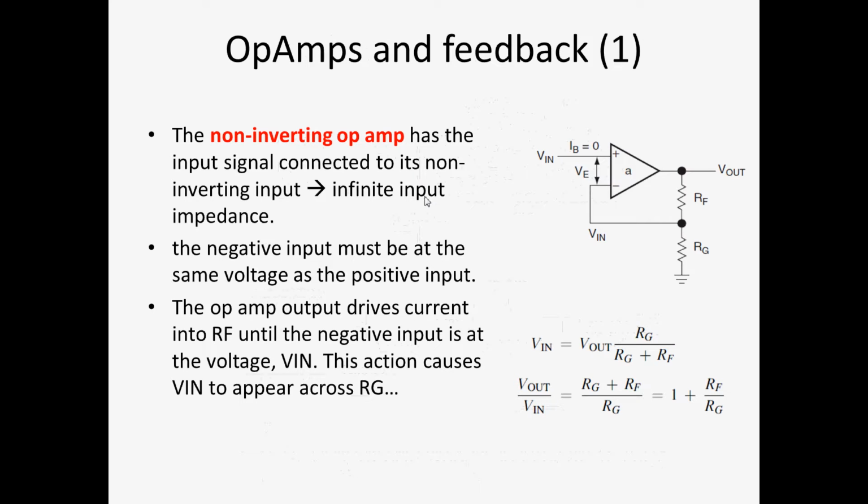For amplifiers, it's the same. So the concept of feedback is to read the output, process it, and transform the output into an input. For amplifiers, we do the same. We read the output, we process it, particularly we attenuate it through a resistor, and we put it back at the input.